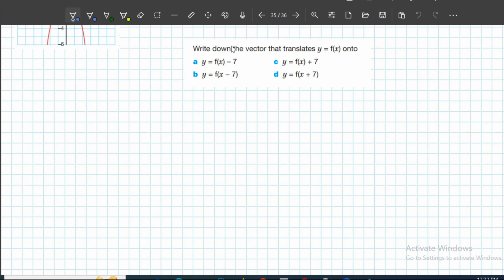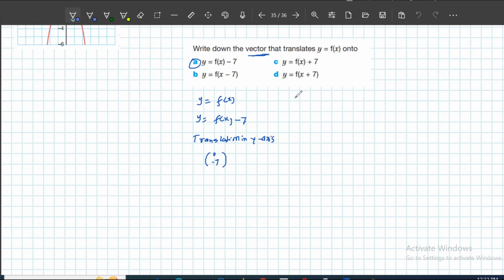Let's suppose our original function is y is equal to f of x, and now we are looking at part a. So y is equal to f of x minus 7. So this is translation in the y-axis, and the translation vector they want is (0, -7).